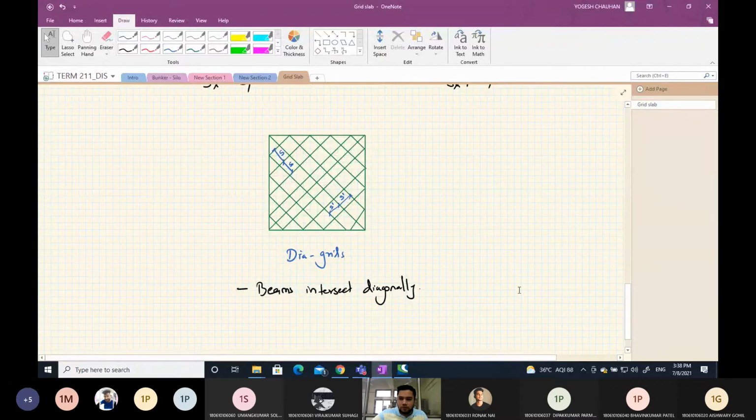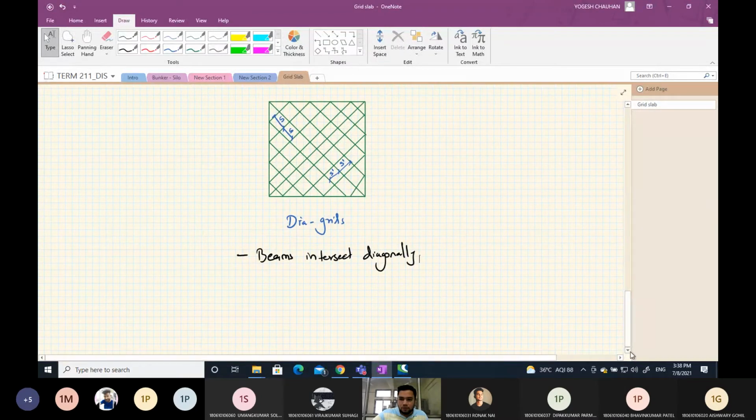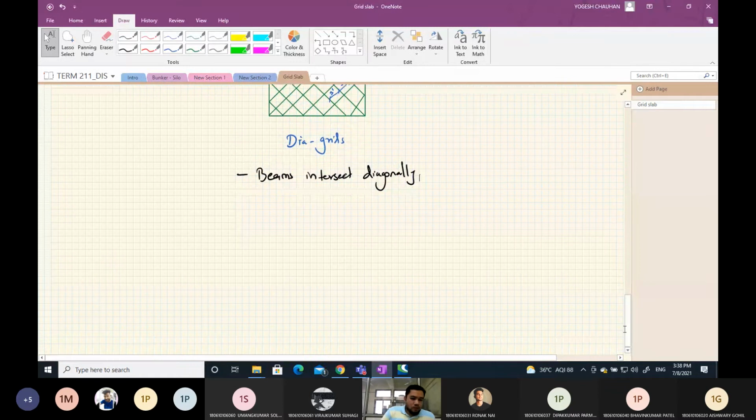Now, sometimes a portion of the panel may be provided with this grid floor, and at the ends we can have a solid slab for negative bending moment.